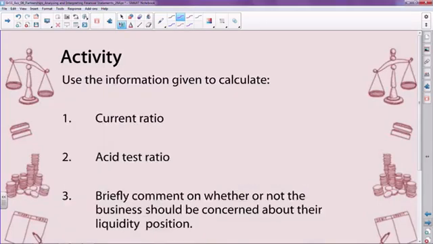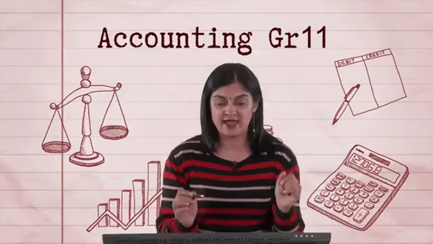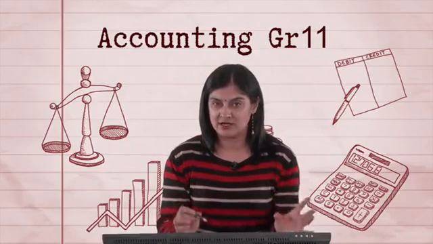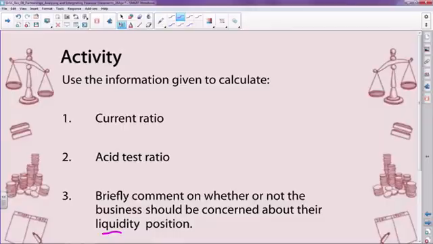Okay, so using the information, I want you to calculate the current ratio, then calculate for me the asset test ratio, and then the last part to the question is briefly comment on whether or not the business should be concerned about their liquidity position. Okay, so I'm going to give you guys 3 minutes and your time starts now.